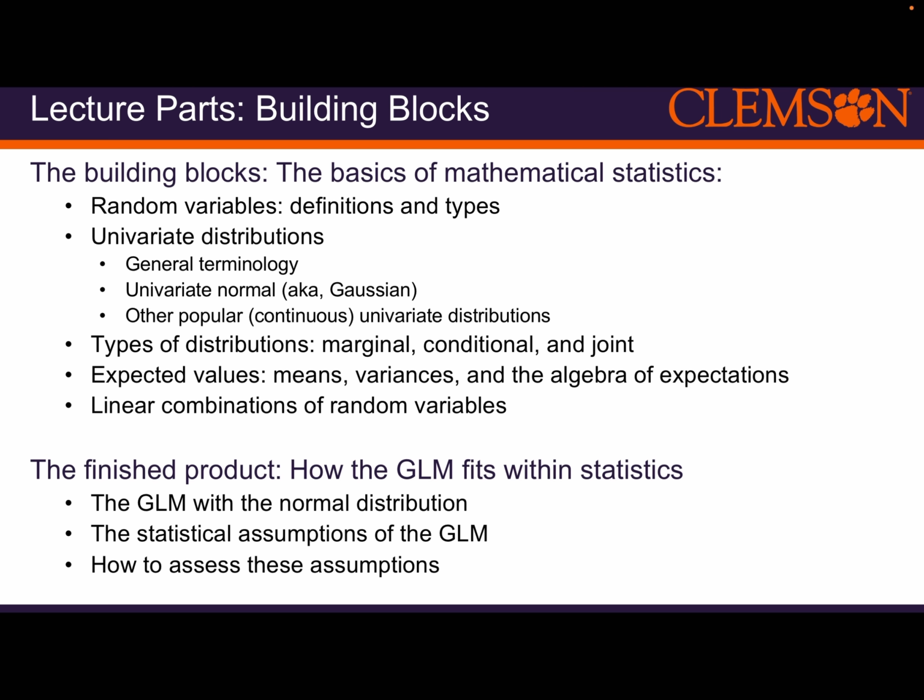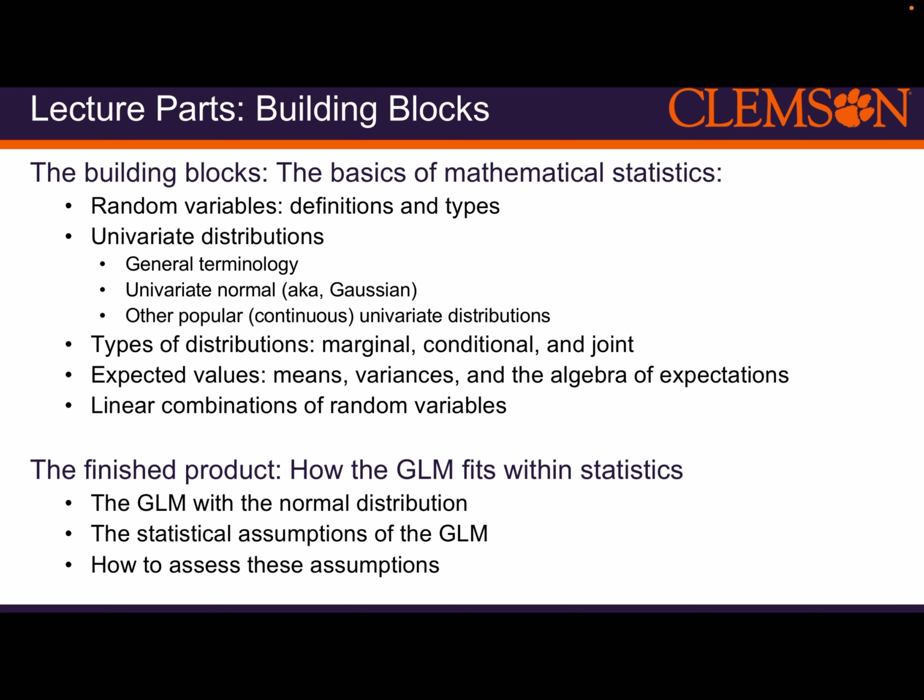You might want to find conditional slopes for different interacting variables. How you look at their point estimates would be the mean, and how you look at their standard errors comes to the algebra of expectations for variances, and you'll have to understand the covariance involved in that as well. So we'll put this together and we'll end up with a finished product of how the general linear model fits within statistics.